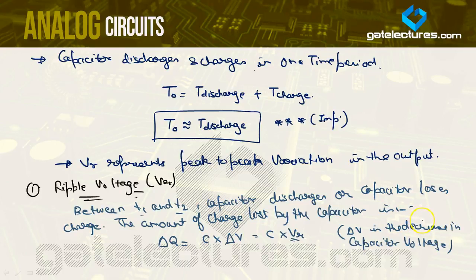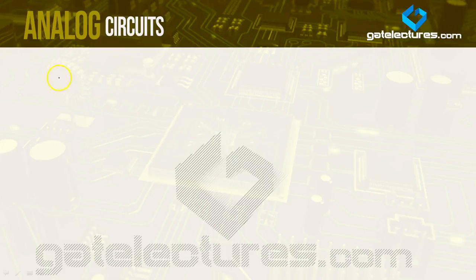So what is also happening in this particular interval, T1 to T2, when the capacitor is discharging? Where is the charge going? The amount of charge lost by the capacitor is passed through the resistance RL. What amount of charge is flowing through RL?